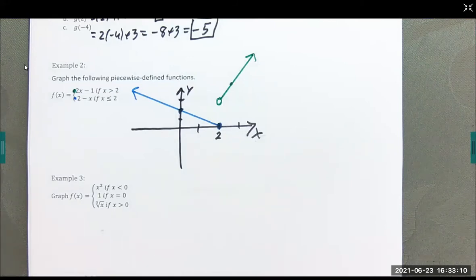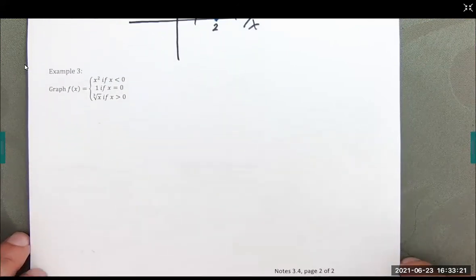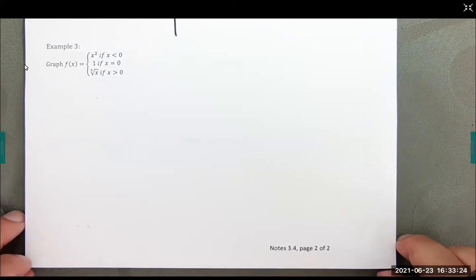We're going to graph one more. This one is a 3-piece piecewise function. That's okay. Magic number here is when x equals 0.